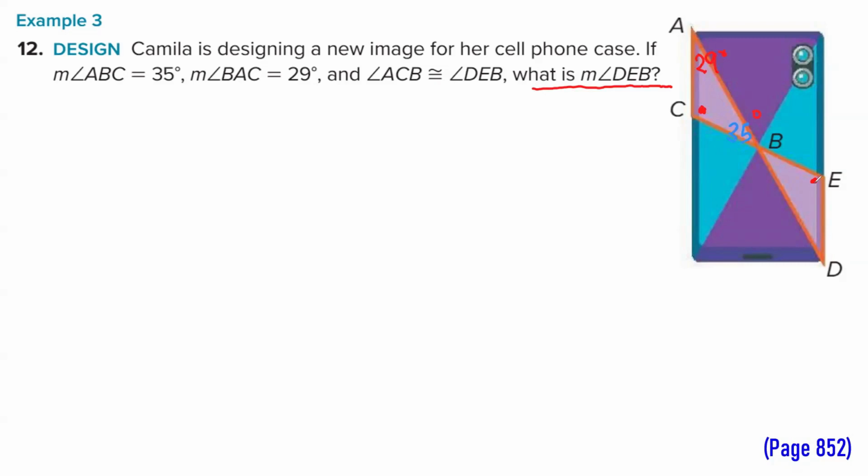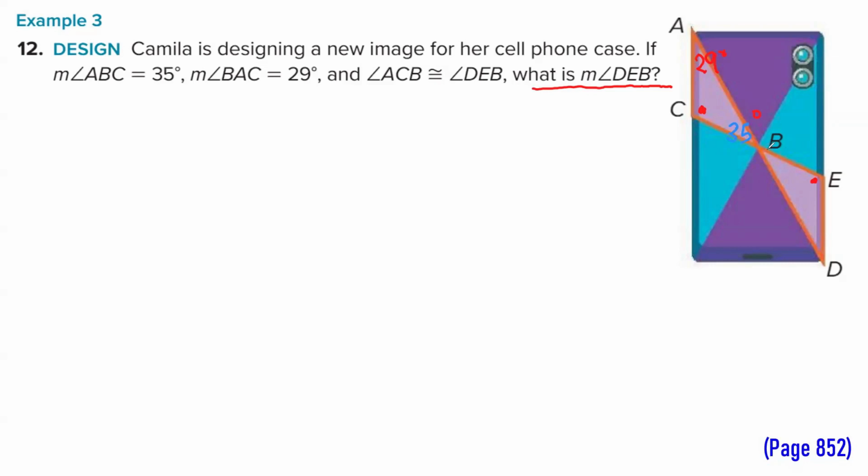So they are asking us about the measure of this missing angle. Well, if you find the measure of the angle ACB, you will easily say that since these two angles are congruent, the measure of angle BED is going to be exactly the same as the measure of the angle ACB. Okay, what theorem are we going to use here? Obviously, the triangle angle sum theorem.